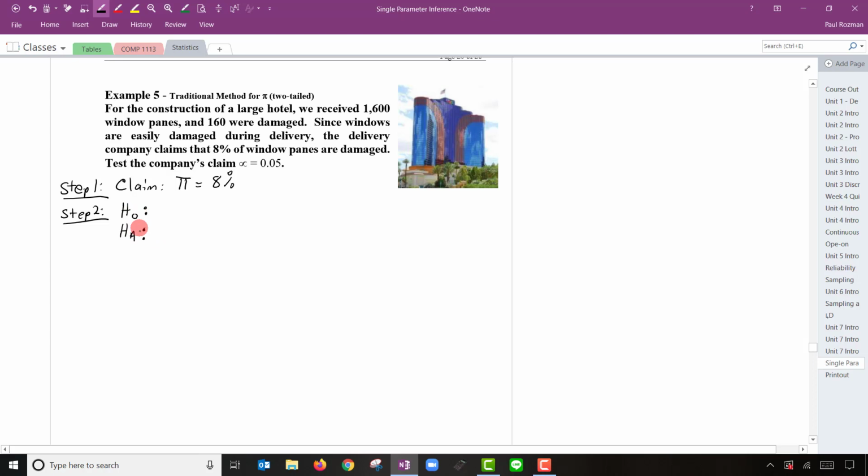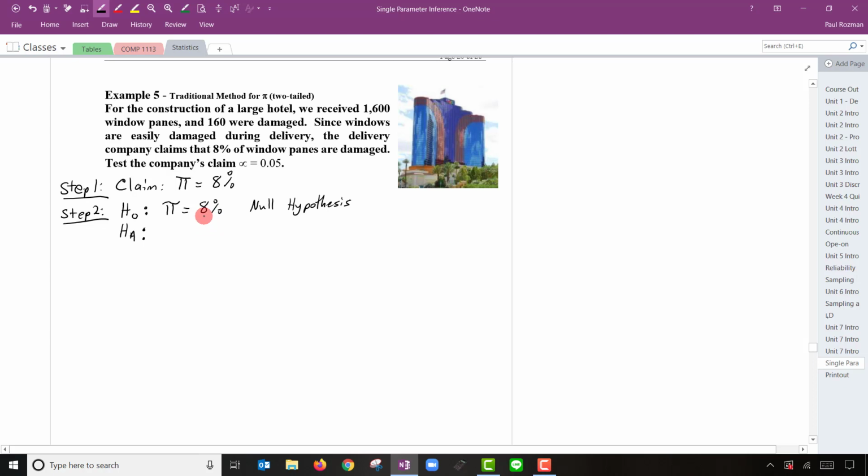These 2 things are opposites of one another. We'll work under the assumption that the claim is correct in this example. We're going to say that our working hypothesis is that 8% of these windows are broken. This is our null hypothesis, or working hypothesis. The claim isn't always the null hypothesis. It is for this one.